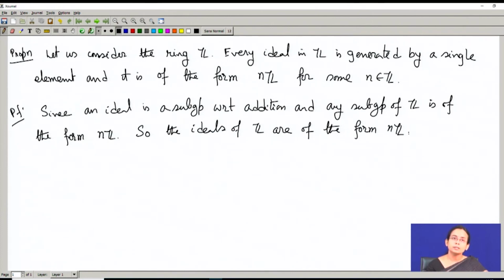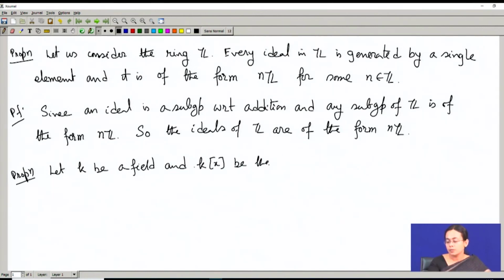Now let us try to understand what is happening in the polynomial ring over a field. Let K be a field and K[x] be the polynomial ring over K, that means the coefficients come from the field K. Then every ideal in K[x] is again generated by a single element, which is known as a principal ideal.